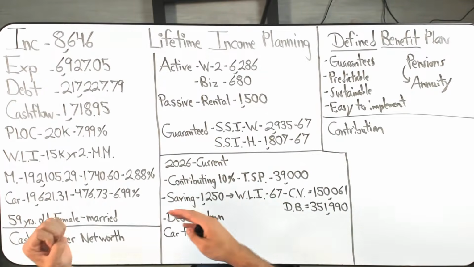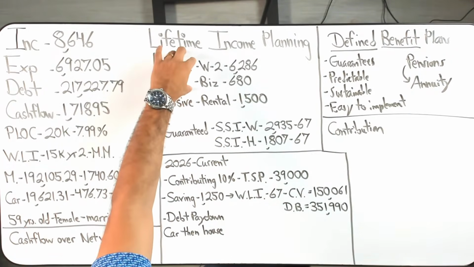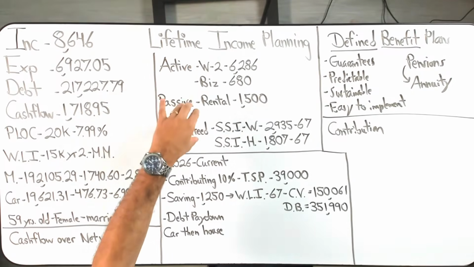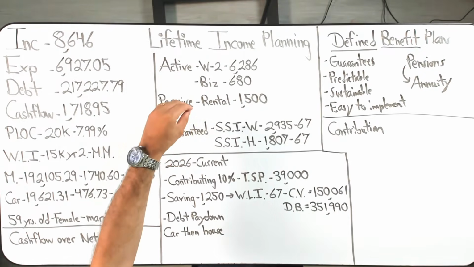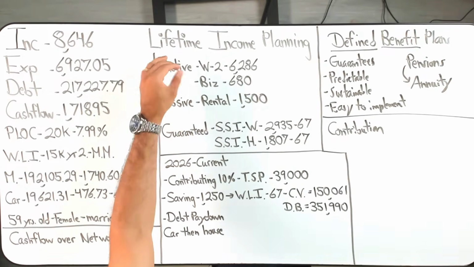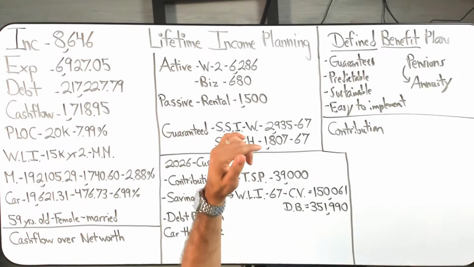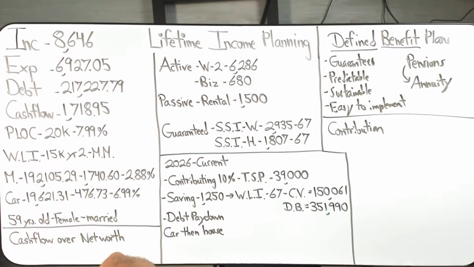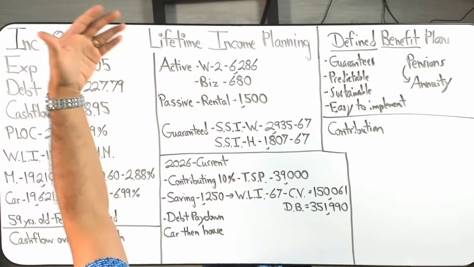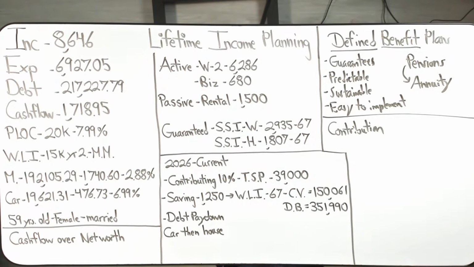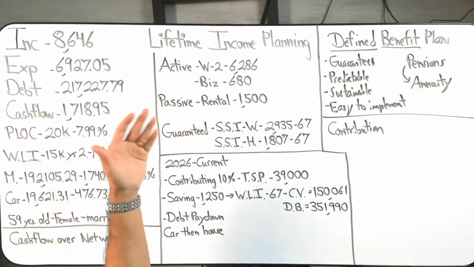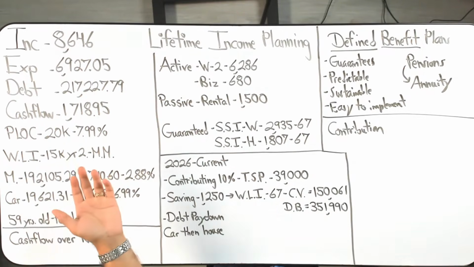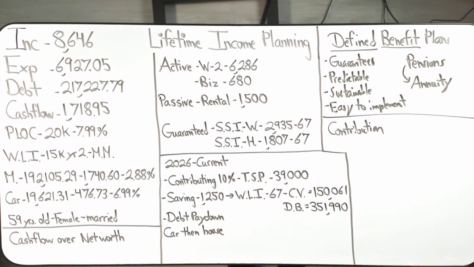Our desire is to replace active income with passive and guaranteed income vehicles so that they don't have to work the rest of their lives. They get to work the rest of their lives. They want to work for the rest of their lives at whatever commitment levels they choose. It could be higher, could be lower.